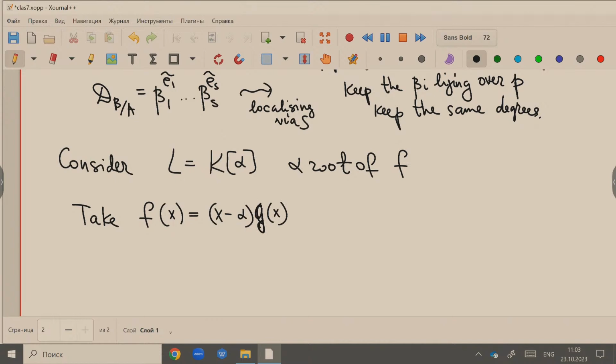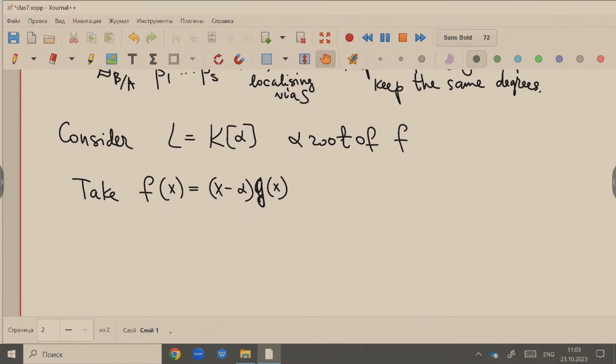If you look at the corresponding polynomial in alpha, you can take the product. Let me put f to be the product over the roots, where alpha_0 is just alpha.